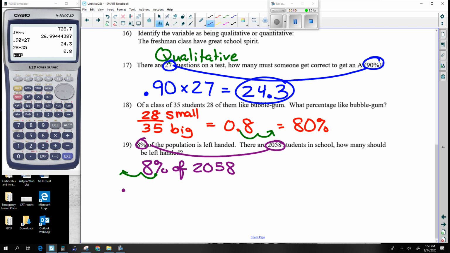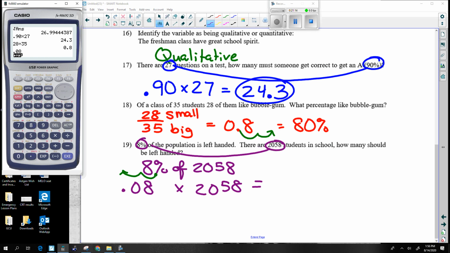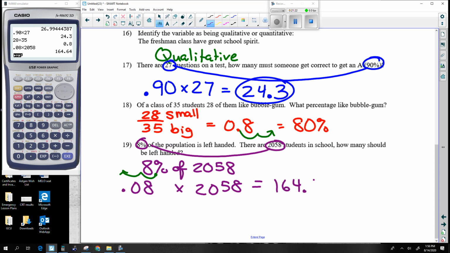That would be 0.08. That's 8% of 2,058. And again, I have a percentage and I'm using it. That's multiplication. So 8%, 0.08 times 2,058. There it is.